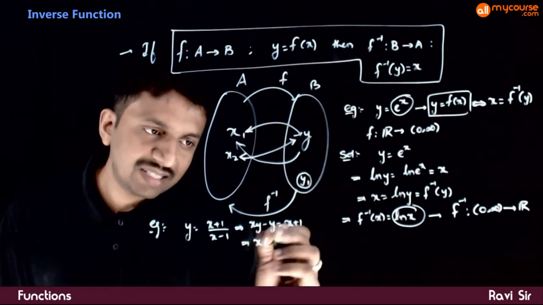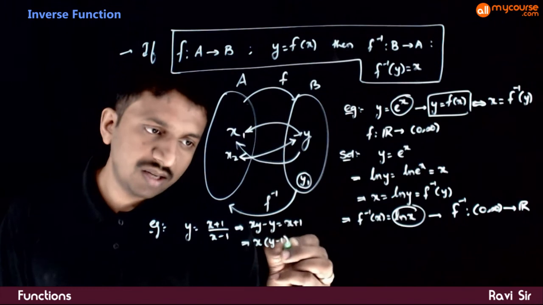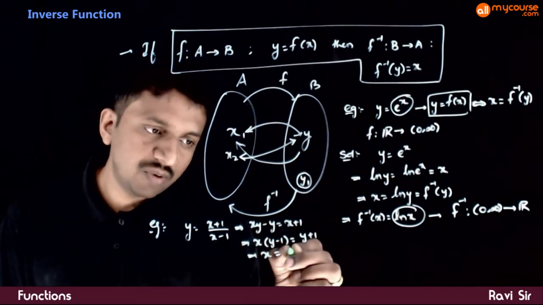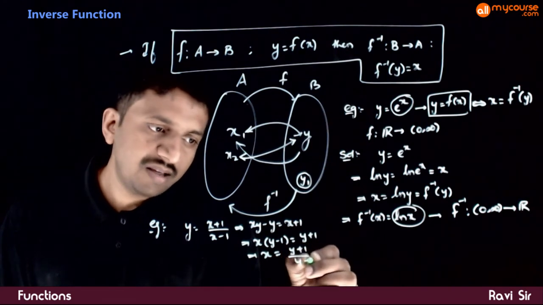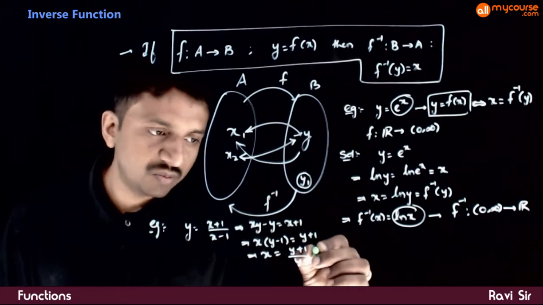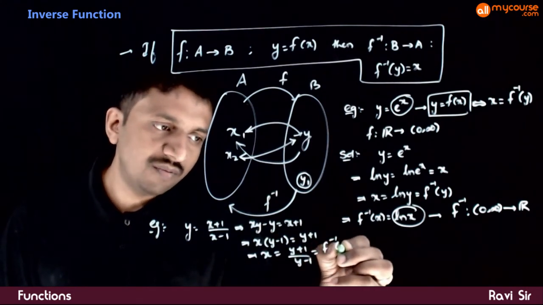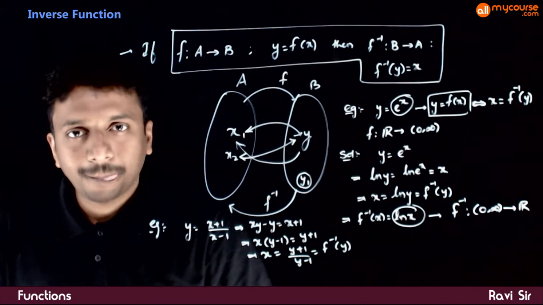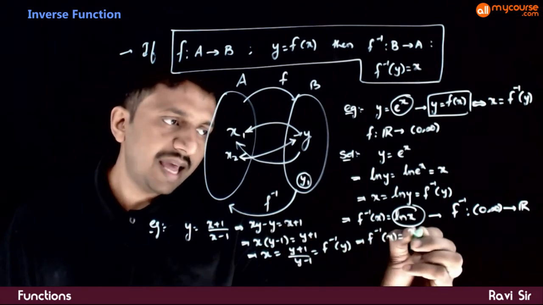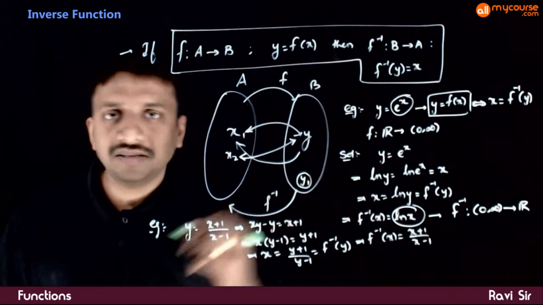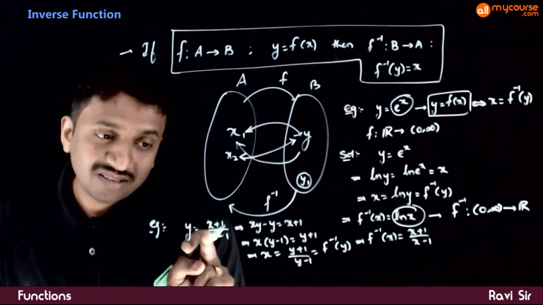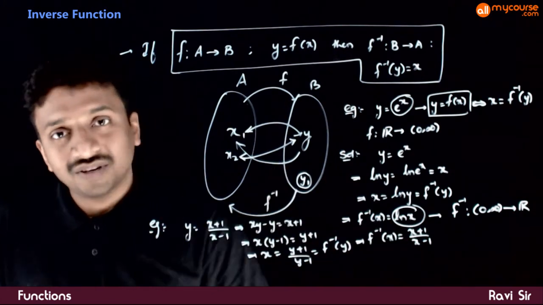This implies x times y minus 1 is equal to y plus 1. This implies x is equal to y plus 1 by y minus 1. This is nothing but f inverse of y. So this implies f inverse of x is equal to x plus 1 by x minus 1. As you can see, sometimes the same function can be the inverse of itself.